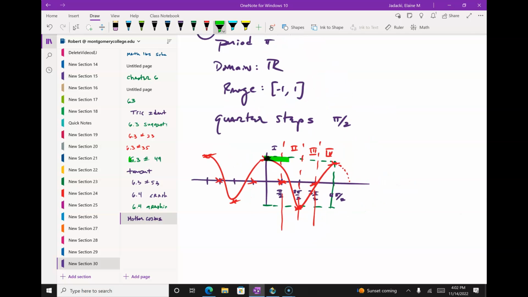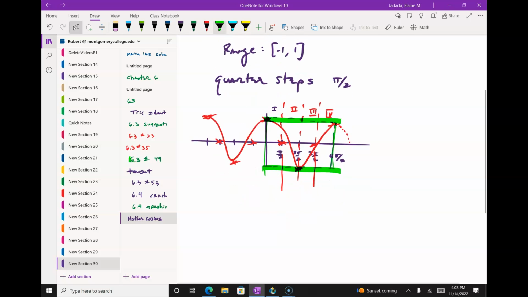This is the main box I want to think about. Because if I gave you something like y equals the cosine of x minus 1, I'm going to shift the whole box down 1.